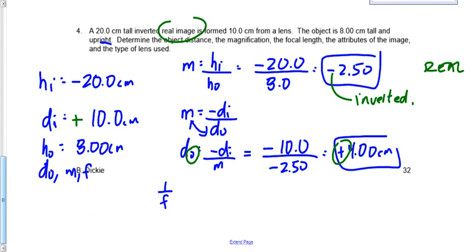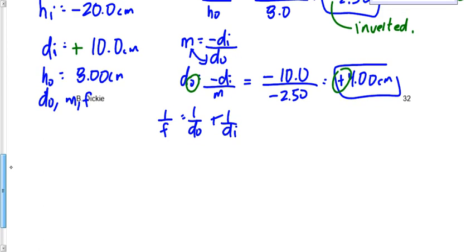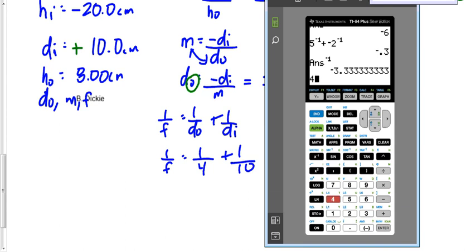Now let's do our lens equation. 1 over F is equal to 1 over DO plus 1 over DI. F is what we're looking for here. DO is, no, it isn't 10. DO is 4. DI is 10, both positive. So let's pull out the calculator on this one. 1 over 4 plus 1 over 10.